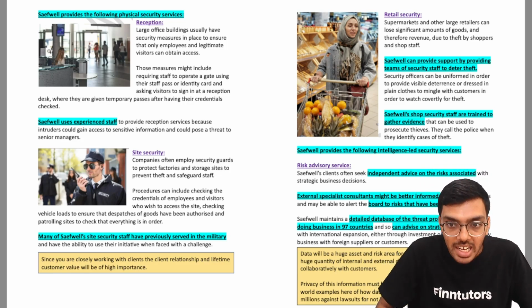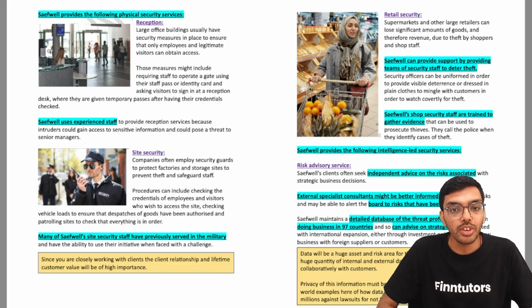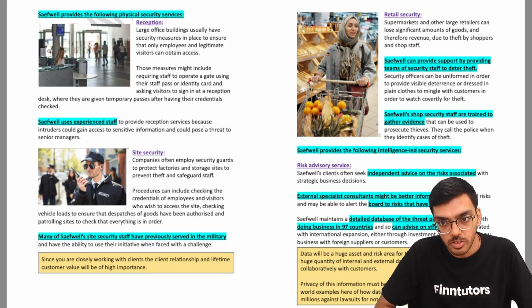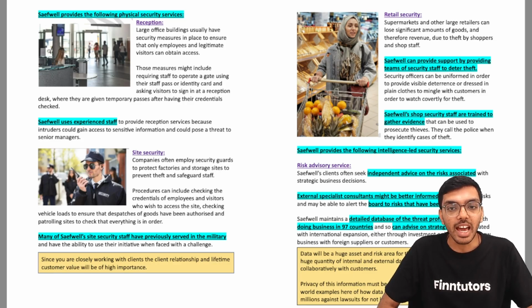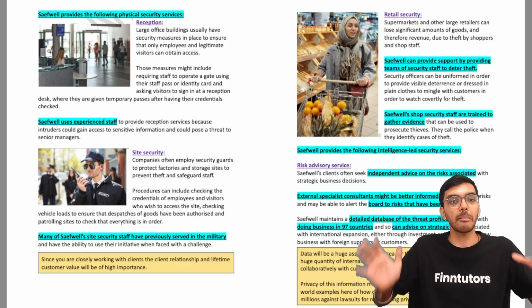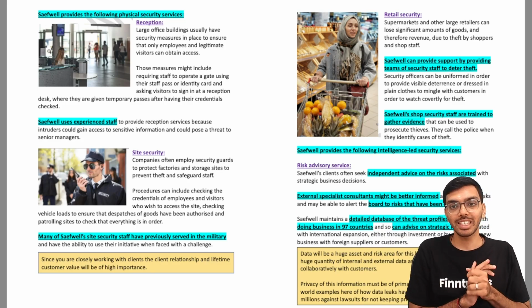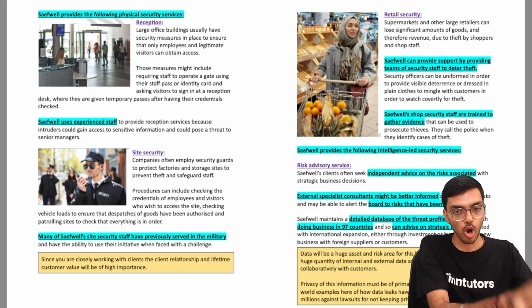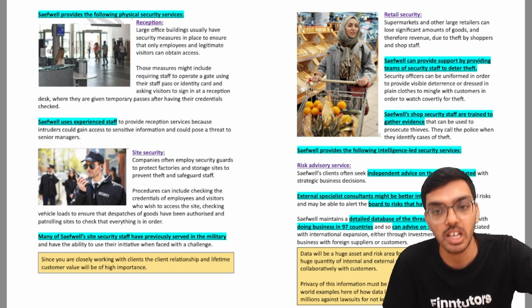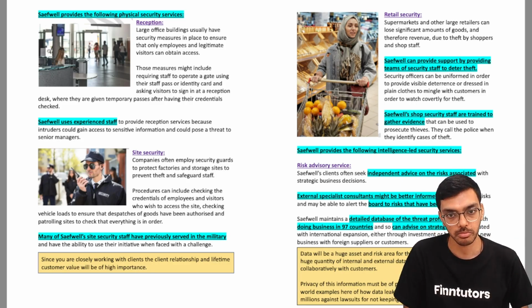So for intelligence, first is risk advisory service. Now, Saefwell's clients often seek independent advice on the risks associated with strategic business decisions. For example, a company can go to Saefwell and say, I'm launching this new product. What are the risks associated with this product?